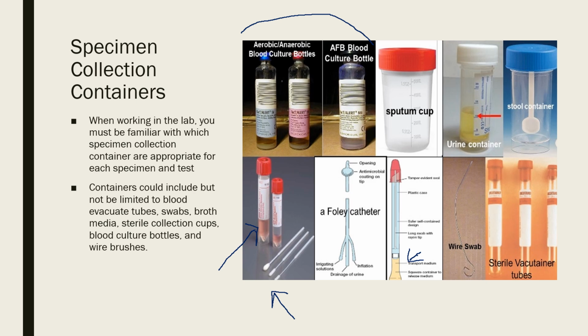There are wire swabs out there. There are plastic swabs. The swab tips themselves can be a little bit different. They're made out of different things. Depending on the particular test method, there are some swabs that you can't use. Some tests may require just a rayon swab and not a cotton swab. And then of course you have your variety of collection tubes that you could potentially have to use.